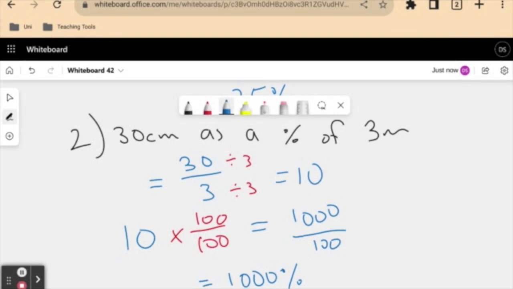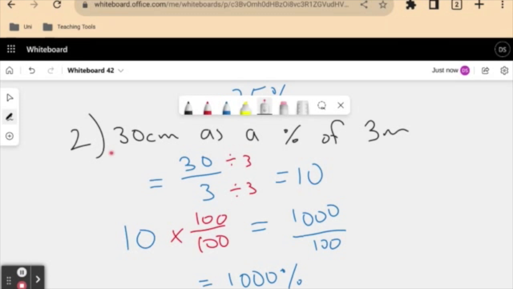because there is a logical mistake, a logical fallacy here, because there is no way a unit that is smaller, so centimeters are smaller than meters, there is no way that 30 centimeters is going to be a fraction, when putting that as a fraction of 3 meters, that's going to be 1,000%.